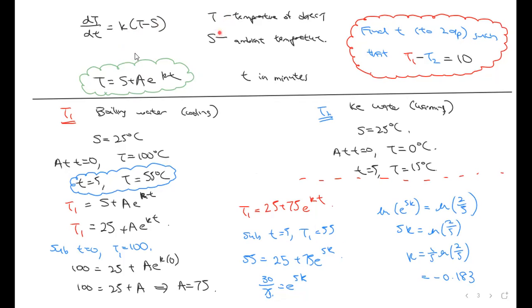So T is hotter than the temperature, so that's positive. We know it should be cooling down, which means dT should be negative. This is positive, so k is negative as expected. So with all of that in mind, we now basically have what T1 is.